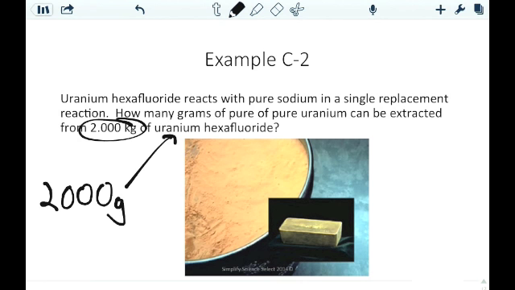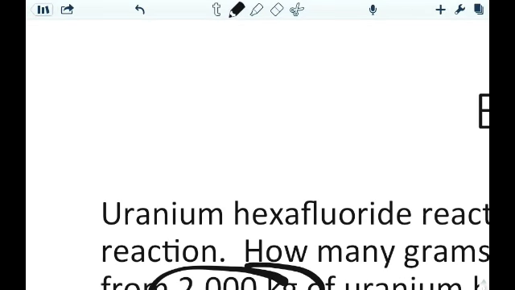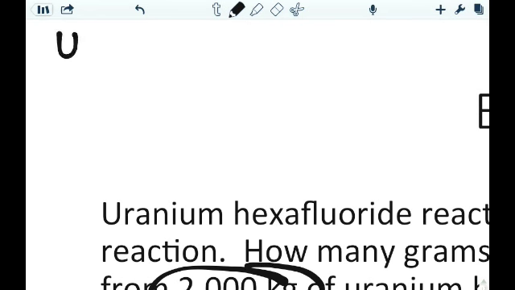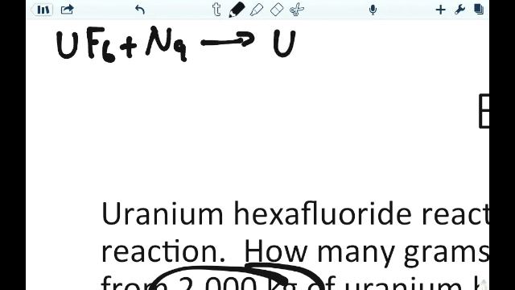And if we have 2,000 grams, we're going to convert into how many grams of pure uranium. So we need a nice balanced chemical equation. It's uranium hexafluoride, so it's uranium, and hexa means 6, so 6 fluorines, plus it's reacting with pure sodium to produce pure uranium, just uranium by itself, and it's a single replacement.